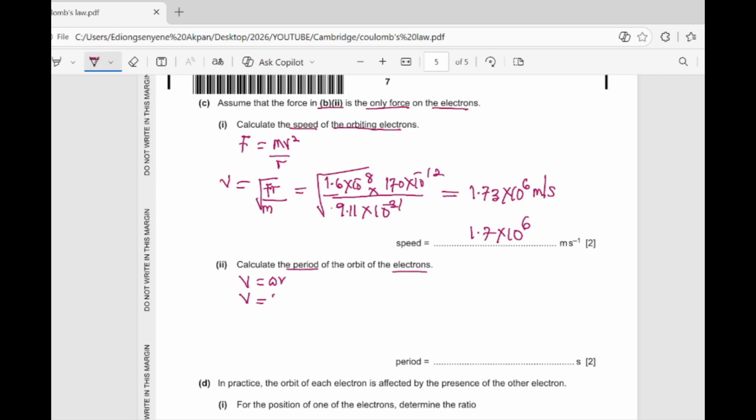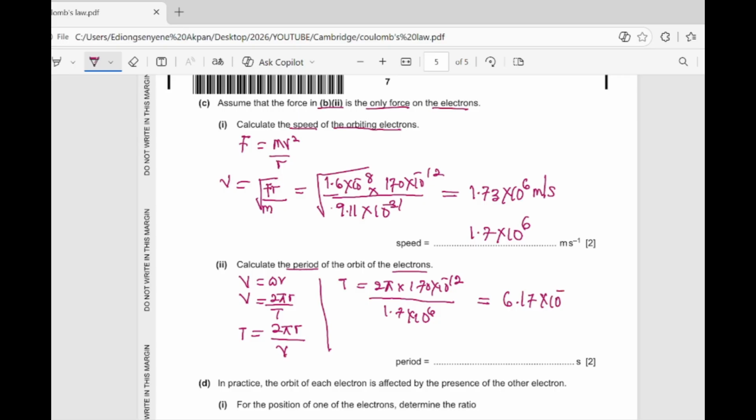It simply means V will be 2 pi r over T. But we are asked to find the period T, and have 2 pi, the radius, divided by V. This will give us T equals 2 pi times 170 times 10 to the power of minus 12, divided by the speed we calculated, and this will give us 6.17 times 10 raised to the power of minus 16 seconds.